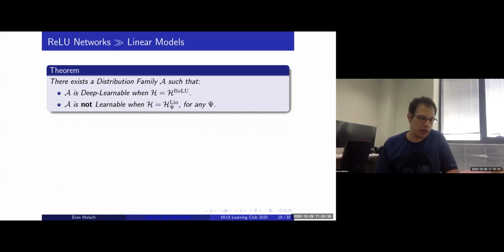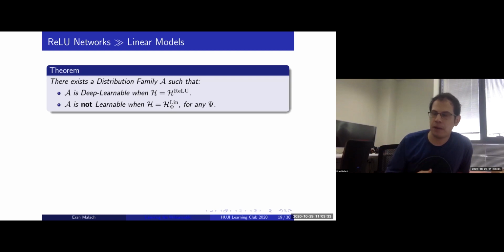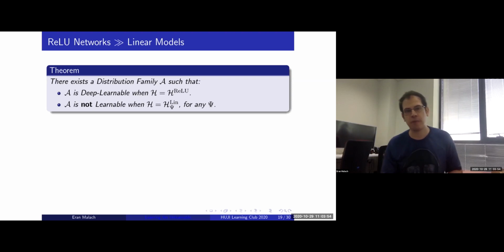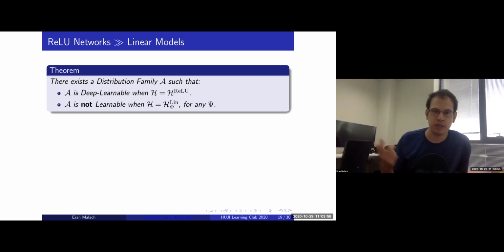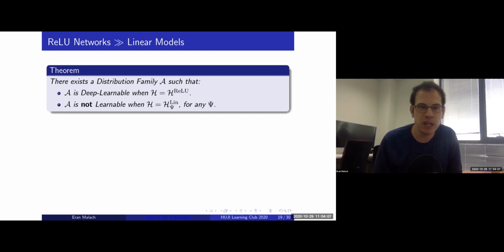And the result that I want to show is from a NeurIPS paper, a paper with Amit Daniely that will be published in NeurIPS. So this is our main result. What we show is that there exists a distribution family A such that first, this distribution family is deep learnable with ReLU networks. And second, this distribution family is not learnable, no matter what learning model you choose, with linear models over any choice of embedding of polynomial size. So it doesn't matter what the embedding is, it doesn't matter what the learning algorithm is.